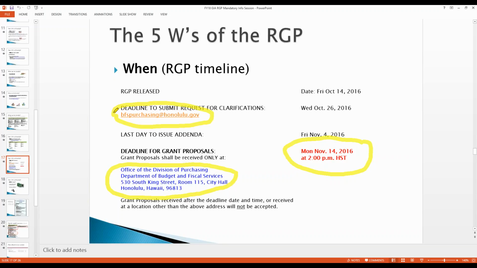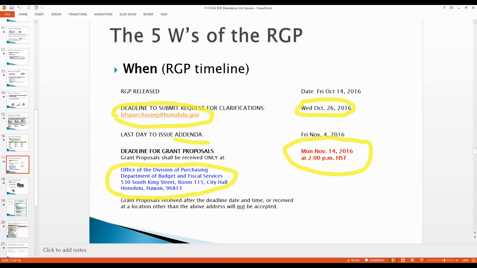We'll try to provide the clearest answer, and all the answers and all the updates to the RGP will be posted in the addendum that will be issued on Friday, November 4th. Make sure that you submit your questions by the deadline, which is October 26th, and check the addendum on Friday, November 4th, where you'll find all the legitimate answers to your questions.